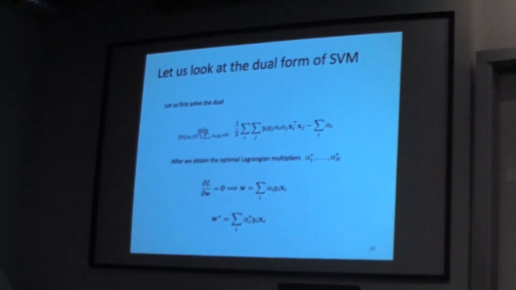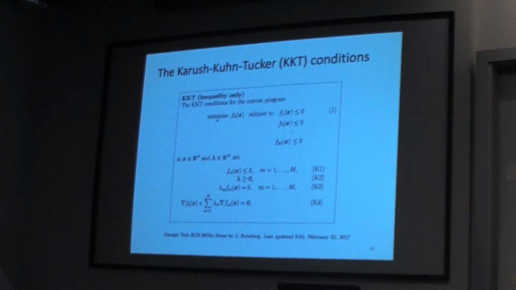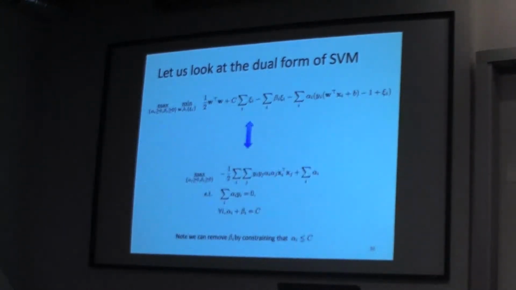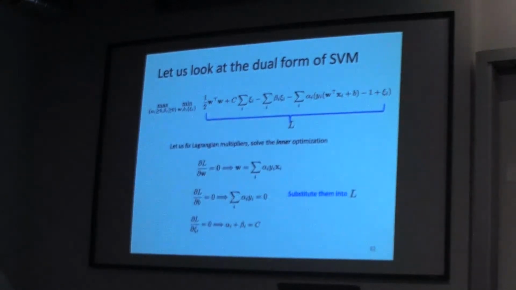This is relatively straightforward, but how do we get b? This is a little bit unobvious. If we look into the inner minimization problem and take the gradient of L with respect to b to be 0, you see that you don't have any equation which can help us find the optimal b.